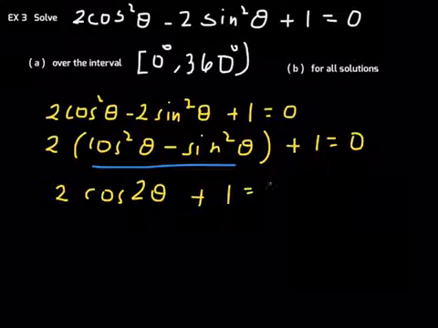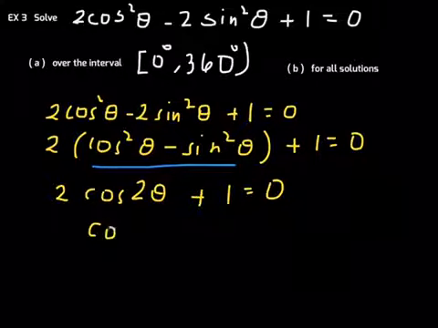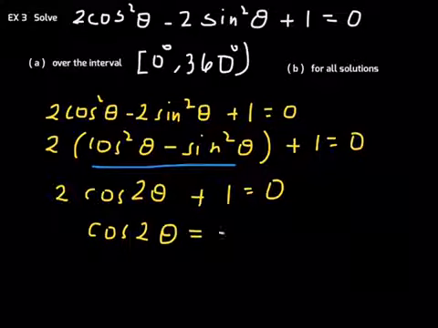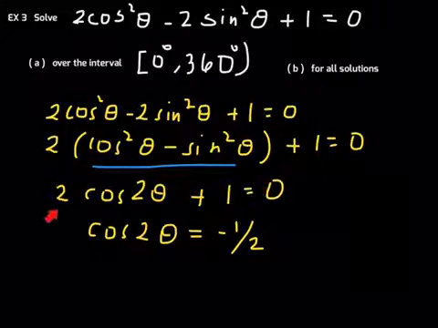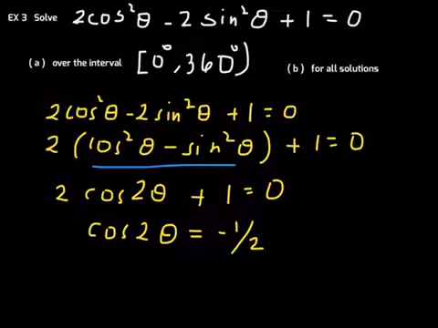So what I'm going to do now is isolate cosine of 2 theta by subtracting 1 and then dividing by 2. Like that. So I subtracted 1, I moved the 1 over, and then I divided both sides by 2, which gets rid of this 2, not this 2. That's part of the argument. Okay? Now, we had a similar conversation a little while ago, and this is what we said.